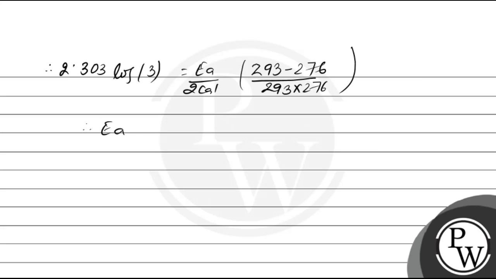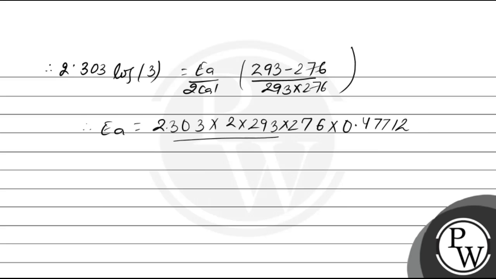So Ea is equal to 2.303 into 2 into 293 into 276 into log 3, which is 0.47712, upon 293 minus 276, which is 17 calorie.